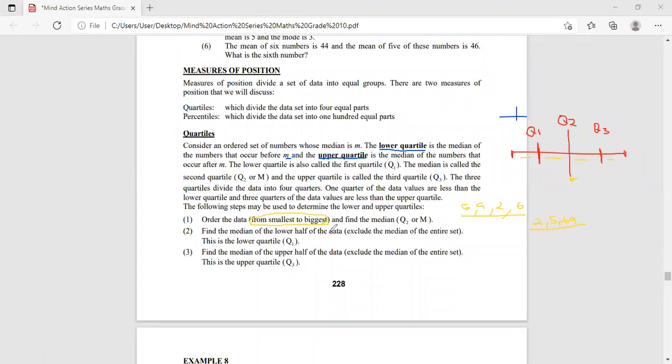Median is a synonym for middle, so don't get confused by the word. Exclude the median of the entire set. And then step number 3, find the median of the upper half. Lower half, and upper half.